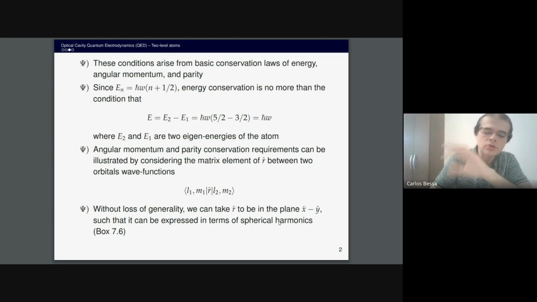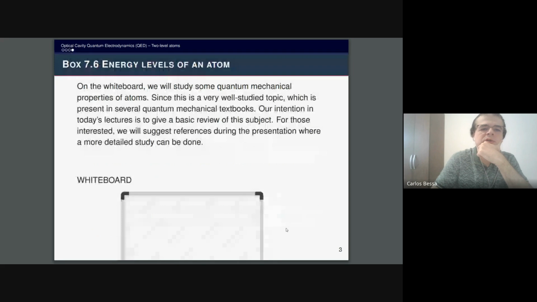So today, let's see box 7.6, where we study a little bit and understand where this type of function, called spherical harmonics, comes from. On the whiteboard, we studied some quantum mechanical properties of the atoms. Since this is a very well-studied topic, present in several quantum mechanical textbooks, our intention in today's lecture is to give a basic review of this subject.